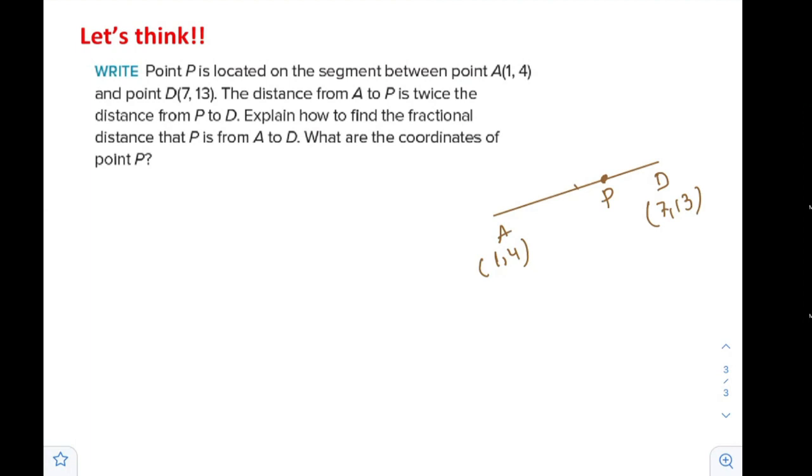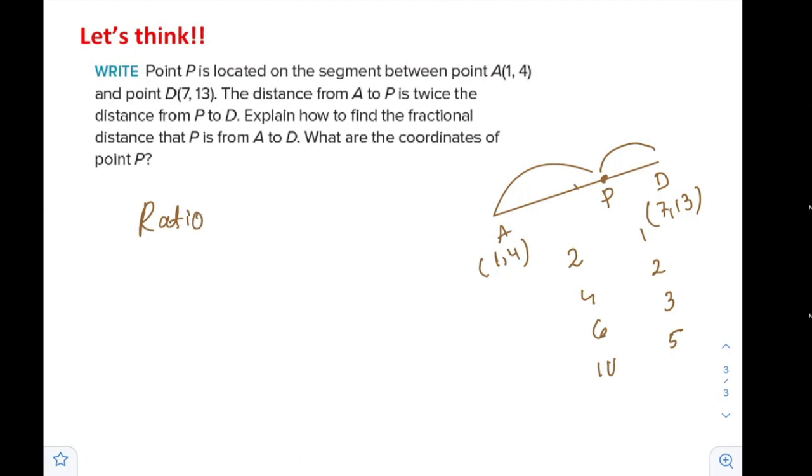The distance from A to P is twice the distance from P to D. What is the meaning of twice? Means double. Means if this was 2, this is 1. If this is 4, this is 2. If this is 6, this is 3. If this is 10, this is 5. So how can we find the fractional distance? It's easier now to find the ratio.